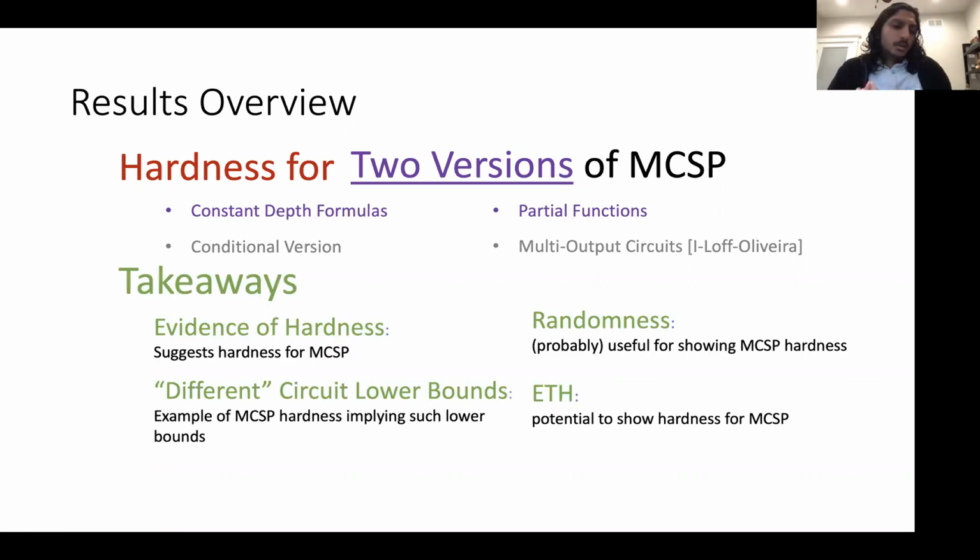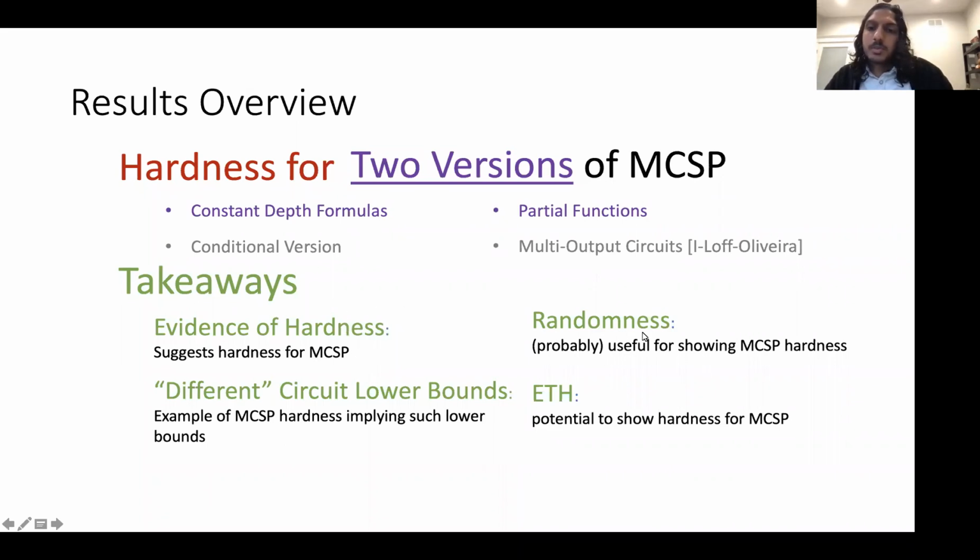If you're not already familiar with MCSP, it's going to be difficult to interpret these results, so what I'm going to emphasize more is what the takeaways from this result are. The takeaways are going to be related to themes that I brought up in the background. Hopefully these versions are going to seem similar enough to MCSP that you think it suggests hardness for the original problem.